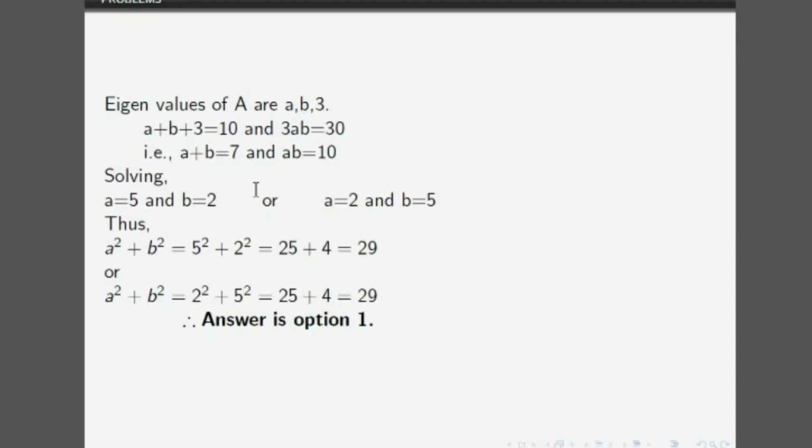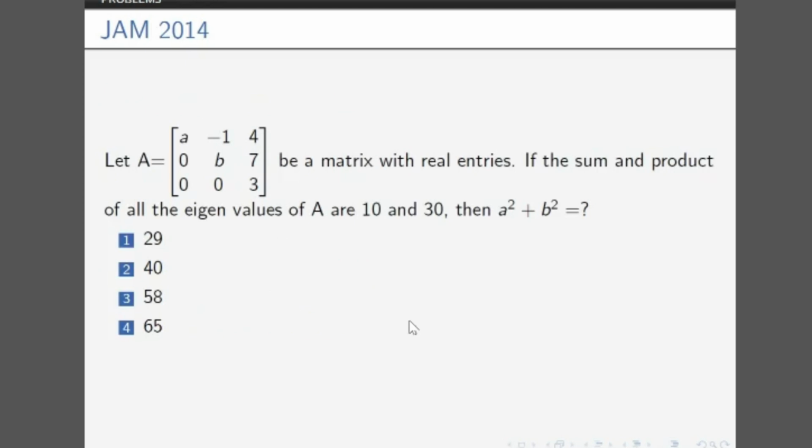Just as he has explained, a plus b plus 3 is 10 and the product 3ab is 30, and upon computing we get a is 5 and b is 2, or the other way, a is 2 and b is 5. Either way, we get a square plus b square to be 29. So that is the right answer.